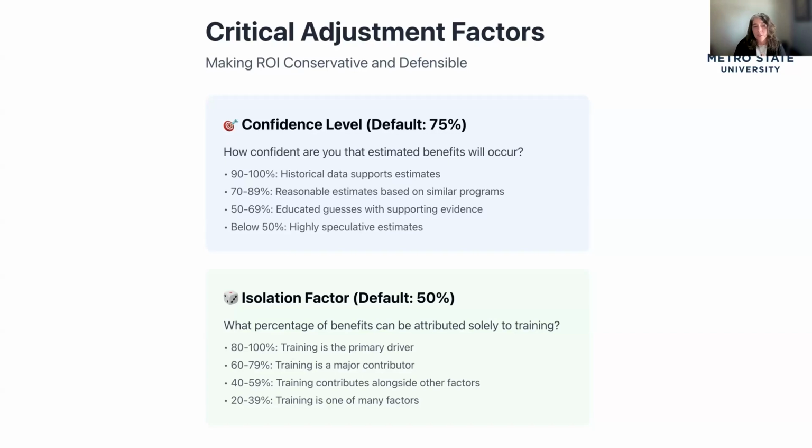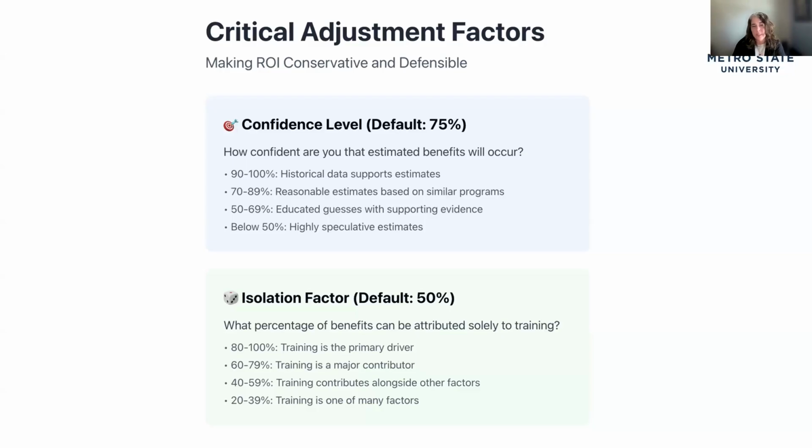So you can see, if we think that training is the primary driver, and we can back that up with a good reason, then you're in that 80 to 100% isolation. If we think it's only a major contributor, 60 to 79%, and then of course training contributes alongside other factors, 40 to 59.